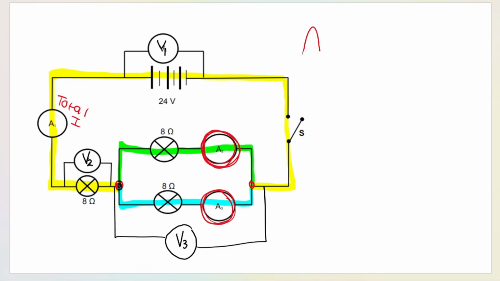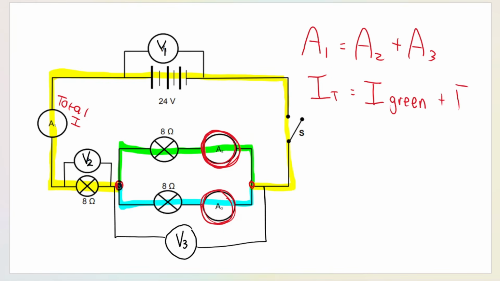So basically, the reading on A1 is equal to A2 plus A3. The total current is equal to the current in the top branch, the green branch let's say, plus the current in the blue branch. I hope that makes sense. So current splits as soon as we have resistors that are connected in parallel.